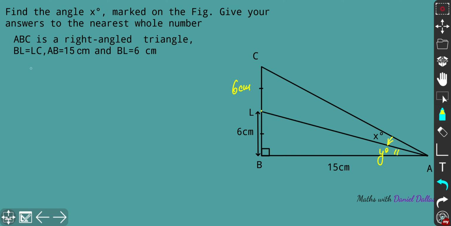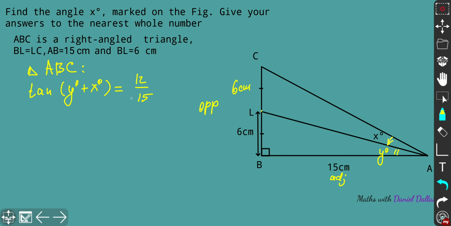So the first case is to consider triangle ABC, which is a right angle. From that triangle, we can express, so that's opposite side BC, right? And AB is going to be adjacent. So that's why we're going to calculate tangent of y plus x. So that's the total angle A. So tangent y plus x is simply opposite to adjacent, which is 12 over 15.